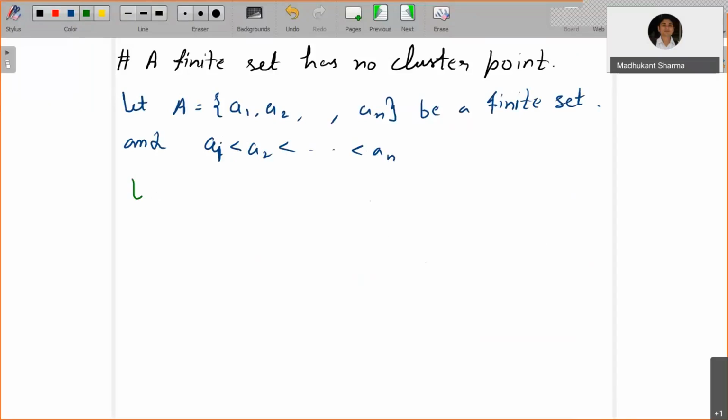Now let C belong to R. C may be any point; it may or may not belong to A, we don't know. Now we claim C is not a cluster point of the set A. First let C be less than a1.